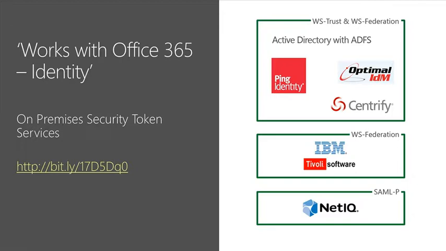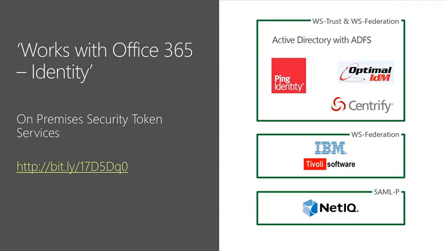And when you're doing federation, Active Directory Federation Services works with WS Trust and WS Federation. And these are the protocols that Microsoft and Office 365 have the most experience with. And WS Federation is the protocol used by the Office 365 web applications.